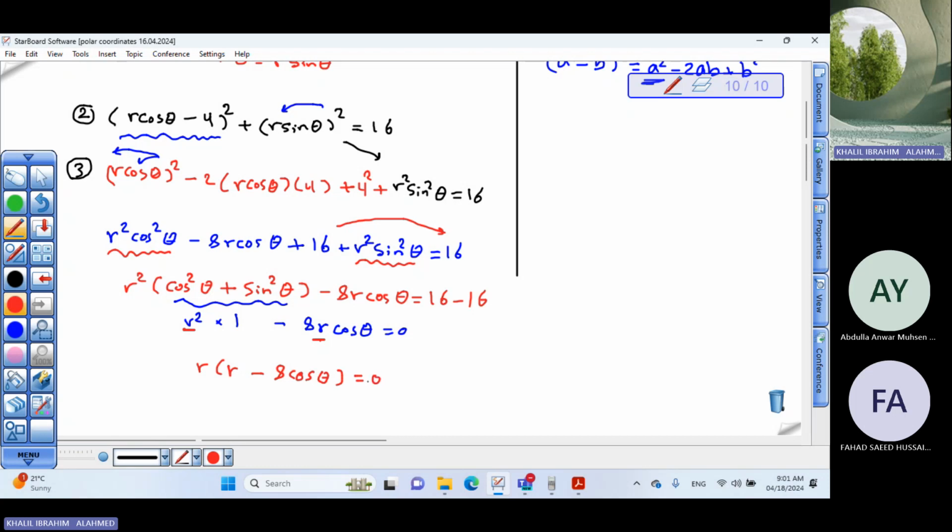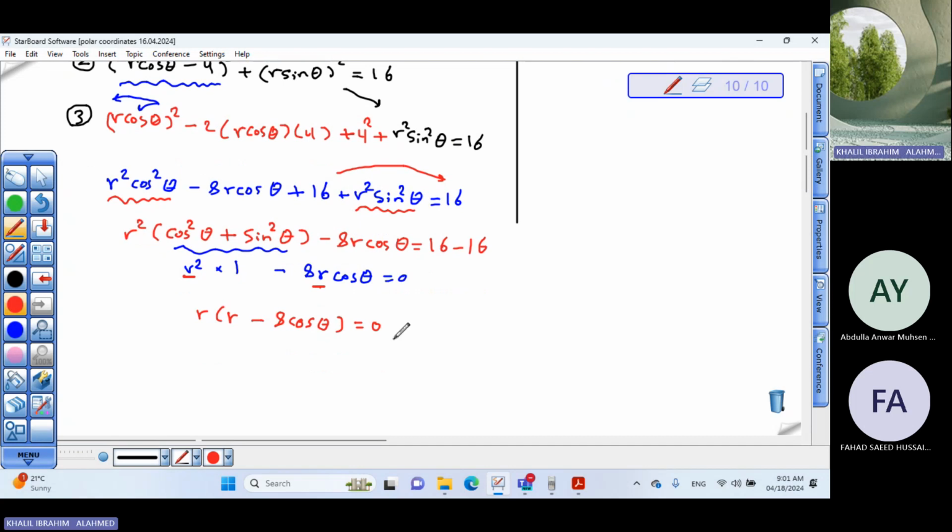Maybe divide each side by r: r equals 0, or r minus 8 cosine theta equals 0. This is r equals, moving this to the other side, 8 cosine theta.